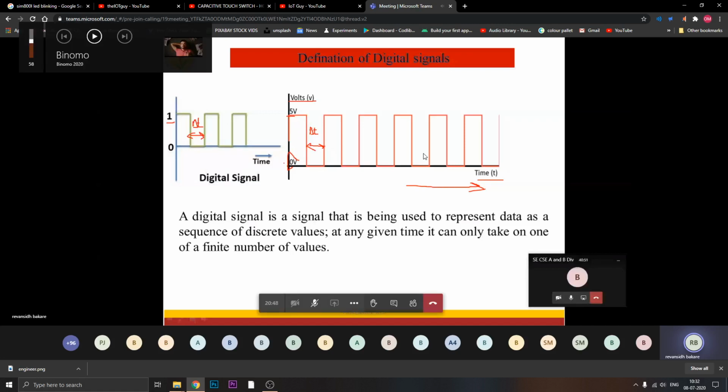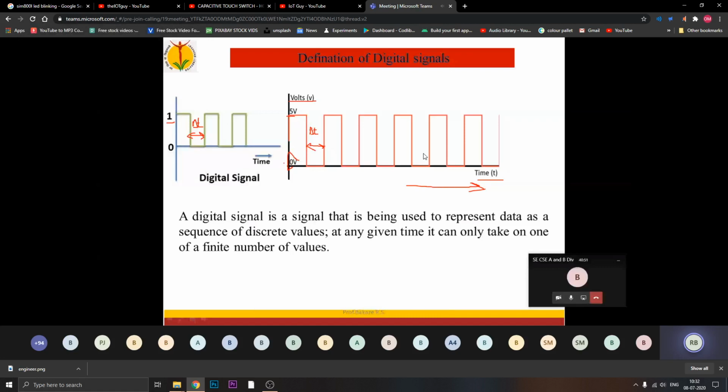Similarly, when I define a digital signal in terms of level, this 5 volt or number 1 we can say is a high level. And this 0 volt or 0 number we can define as the low level.